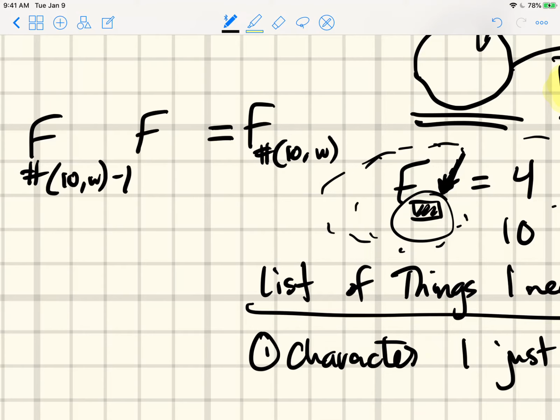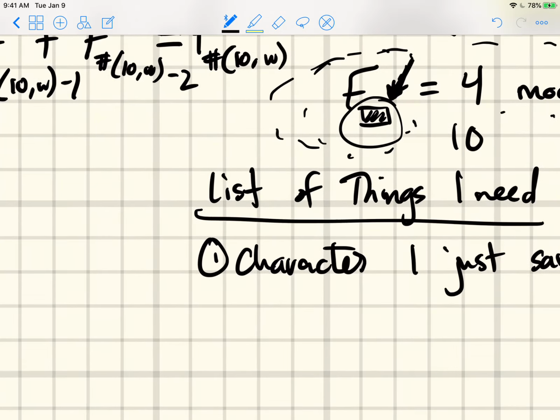Or Fibonacci of k minus 2, and we add them together, right? And so it's probably important that I store what those two values are, right?